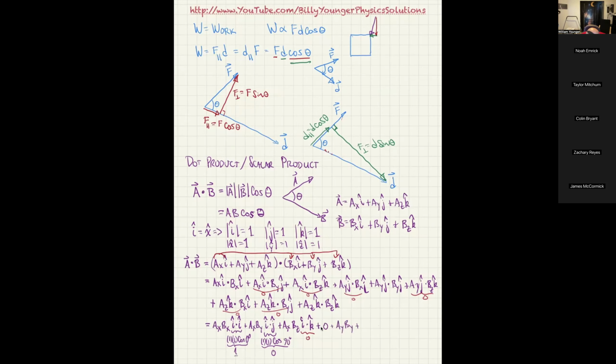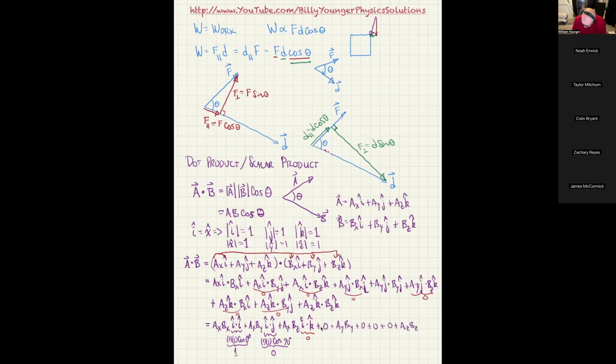And then I have a 0 for AYBZ. And then I have a 0 for AZBX. And then I have a 0 for AZBY. And then I have AZBZ for the last one.